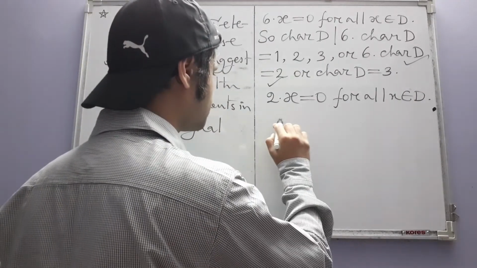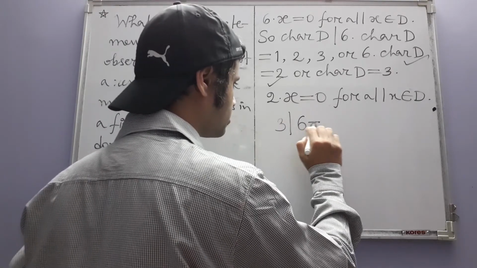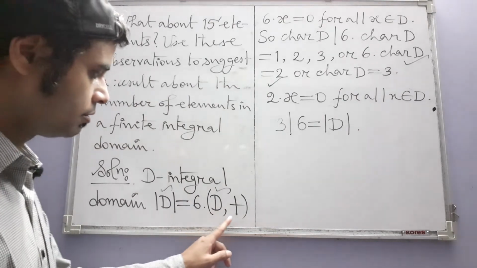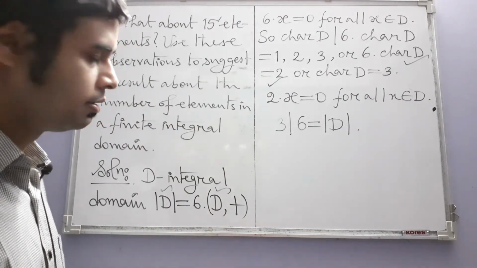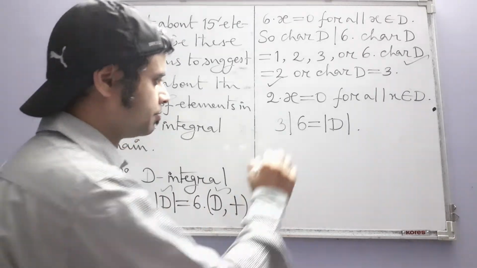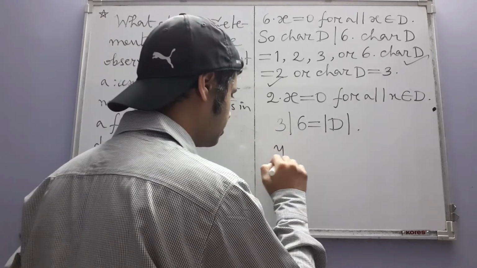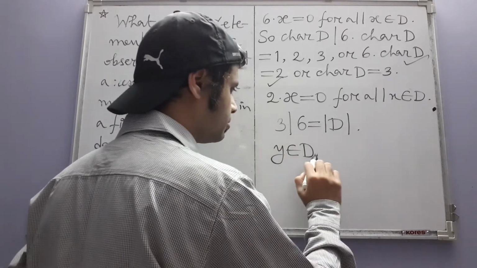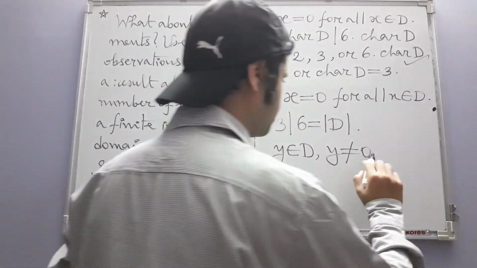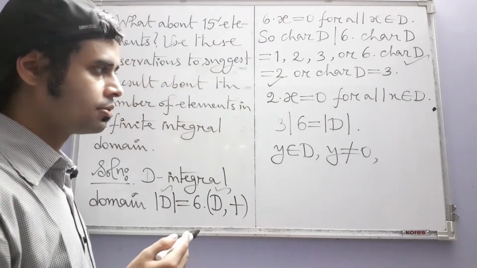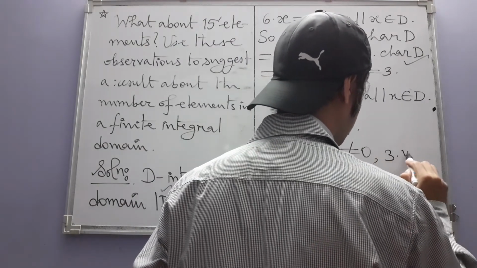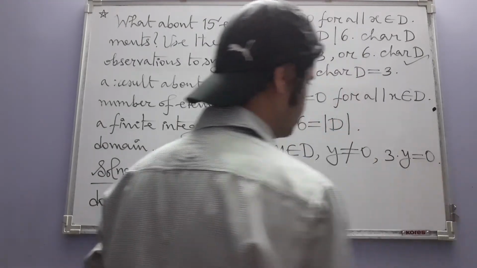However, because 3 divides 6, which is the order of this group, and remember that it's an abelian group because we are in a ring, by Cauchy's theorem for abelian groups, there will exist an element y in D such that y is not equal to 0, but its cube is equal to 0. Its cube is the identity, which when we translate into our language, 3 dot y is equal to 0.